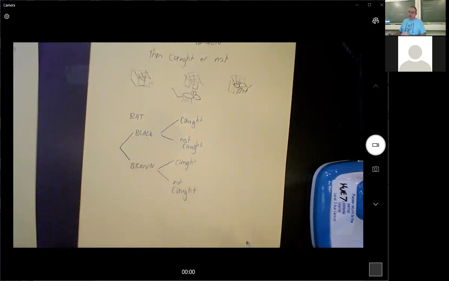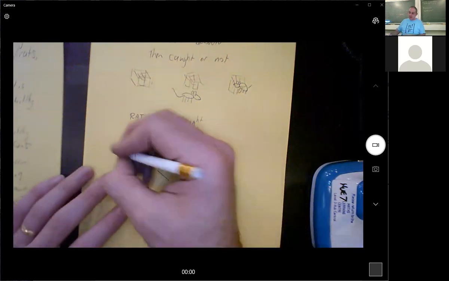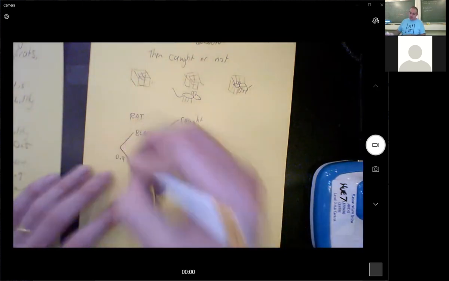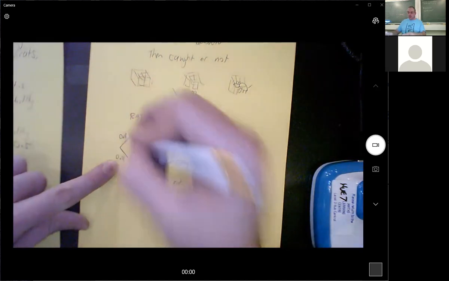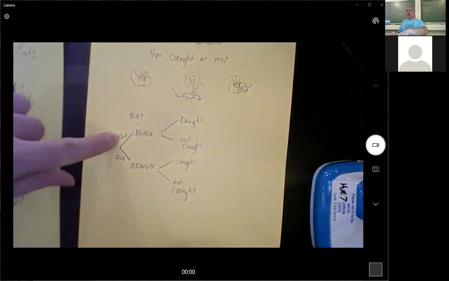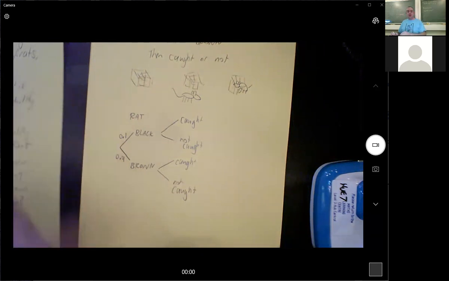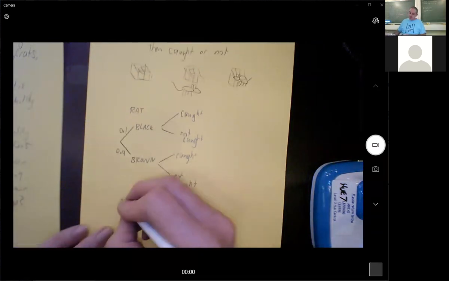Okay, so it says that the probability of a random rat being brown is 0.9. And so I'm going to put that probability here. And the probability of a random rat being black must be 0.1. So I'm just going to write that as my working.